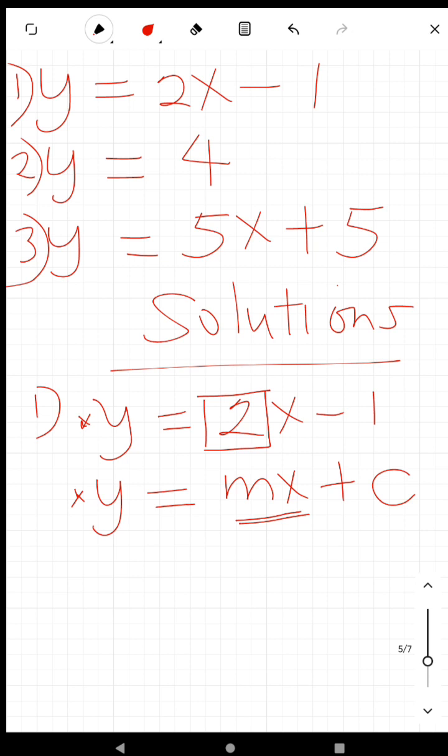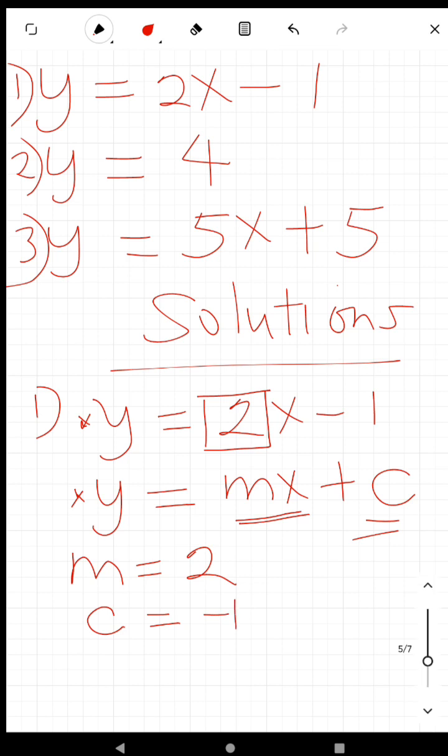So in this question, m is 2, and we have a c. C is the constant, and that constant c is also the y-intercept. So c is equal to minus 1.